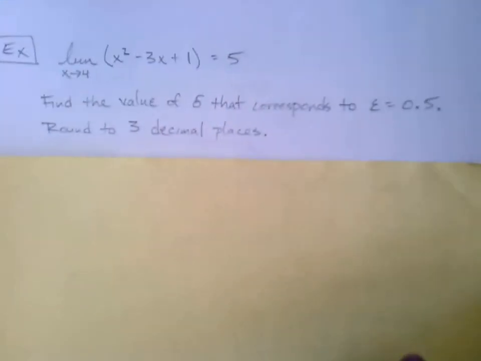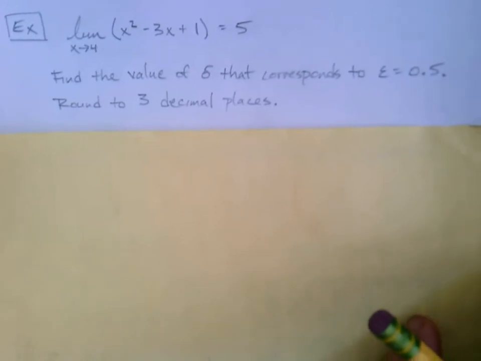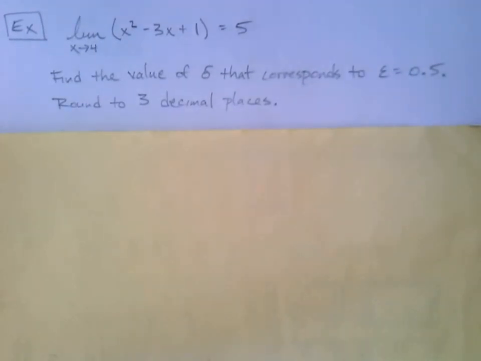Okay, we have one more example. We're going to take it up a notch. Here it is. Let's take the limit of x squared minus 3x plus 1 as x approaches 4.